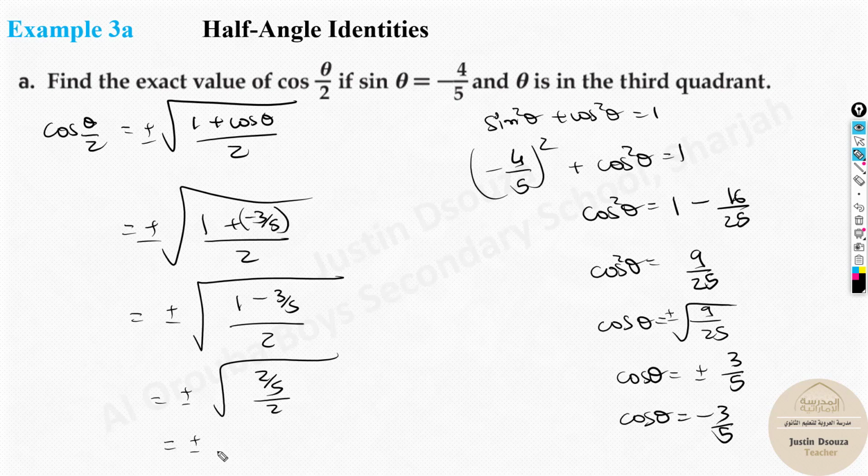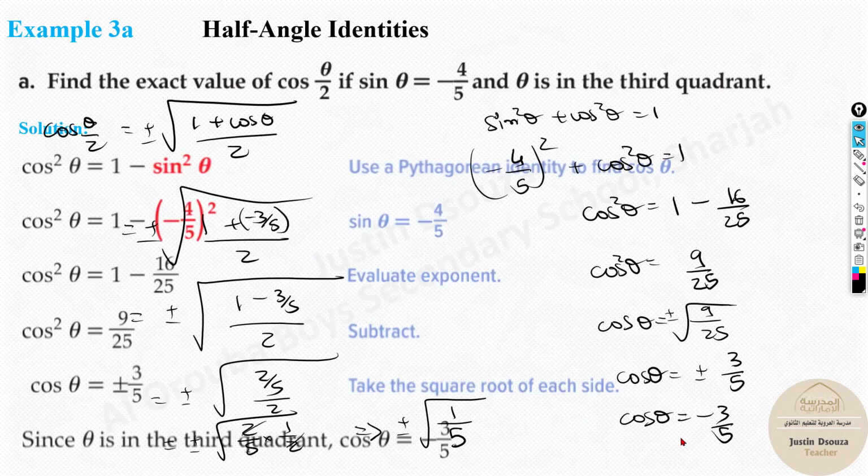It's going to be plus or minus the root of 2 by 5 multiplied by the reciprocal of 2, which is a half. That cancels, and the answer is plus or minus the square root of 1 by 5. Or you can write 1 divided by root 5. So that will be the answer.